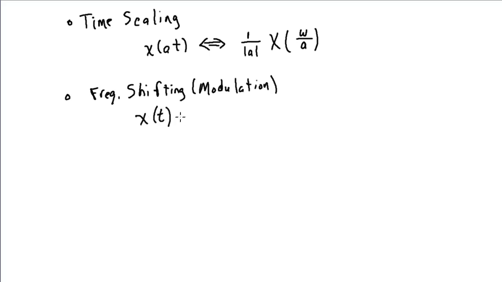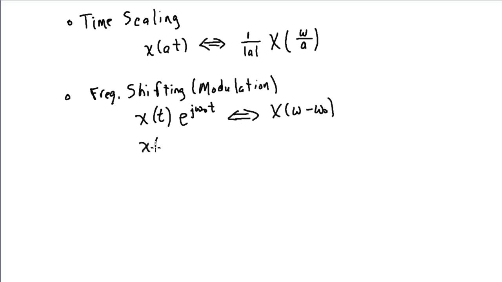But this says if we have a function x of t and multiply it by this complex exponential, that results in just a shift of the spectrum in the transform domain.